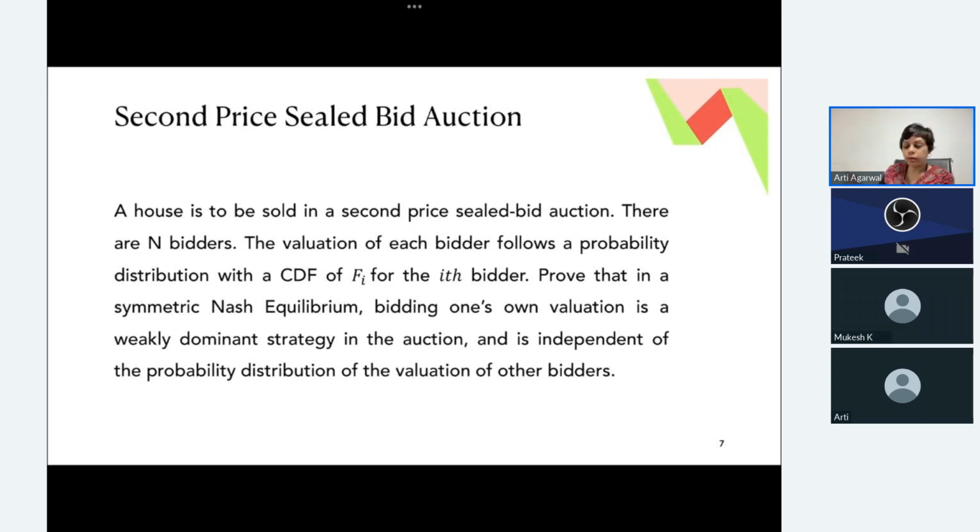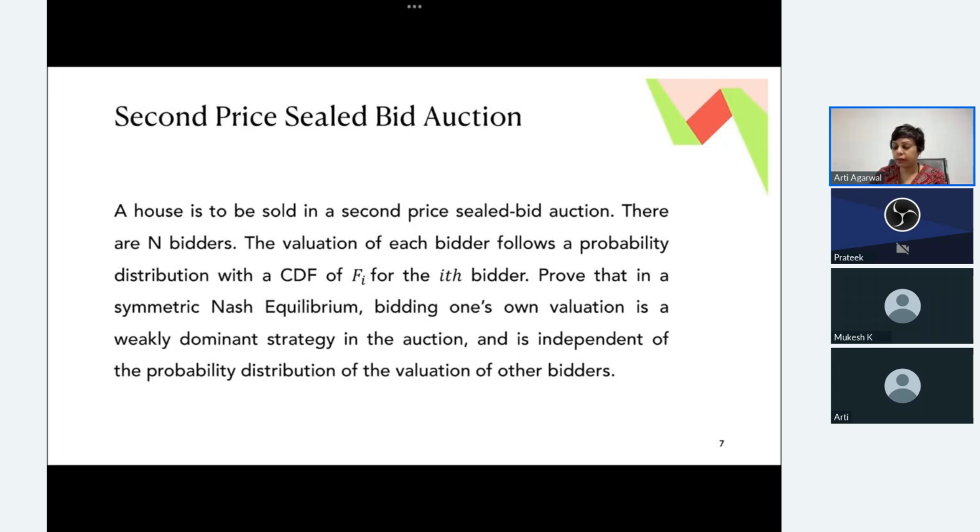Okay, so this looks like a slightly tricky question because you're not given the functional form of the probability distribution of the player's valuation, and you are asked to just prove that bidding your own valuation is the weakly dominant strategy. The good thing about this question is that you're not asked to find the Nash equilibrium or to prove any Nash equilibrium.